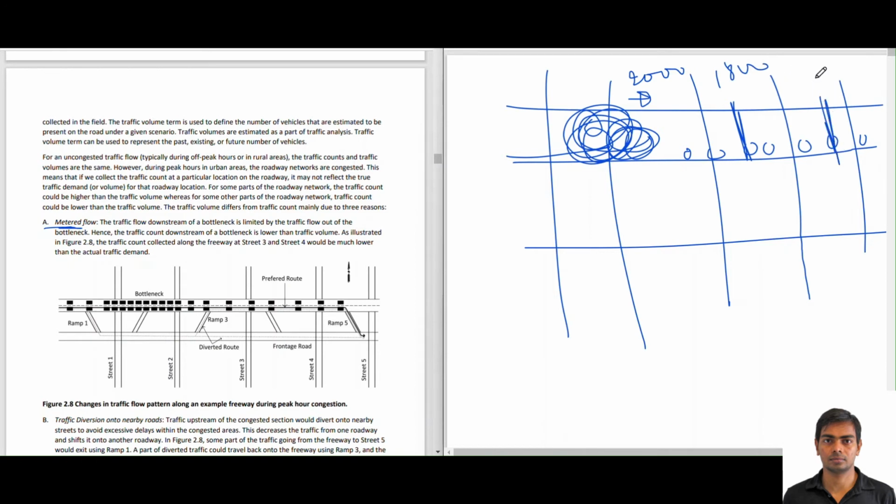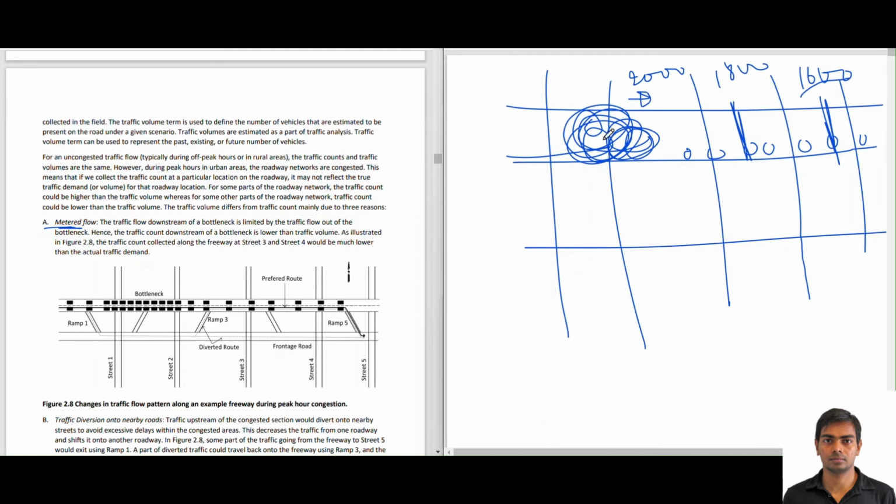If we measure the flow here, it might be like 1600. That does not mean that the need at this location is only 1600. However, in the majority of the projects we go and observe the counts and try to simulate the counts, because it's very tricky to actually calculate the volume.